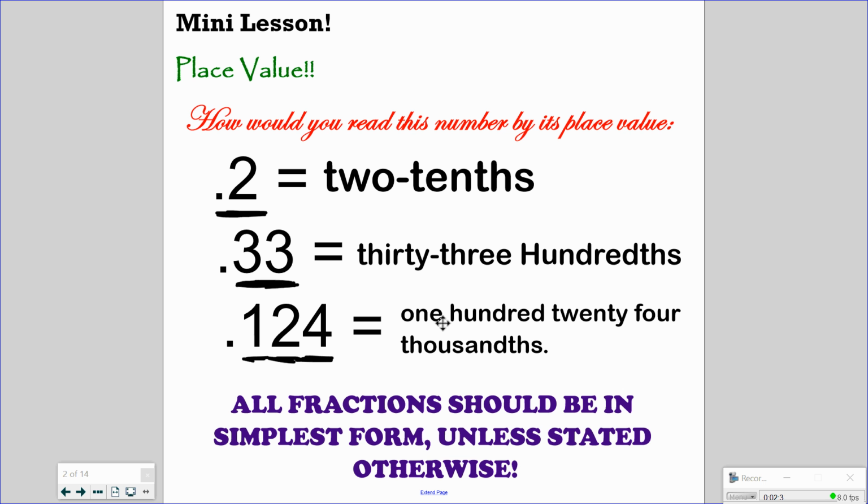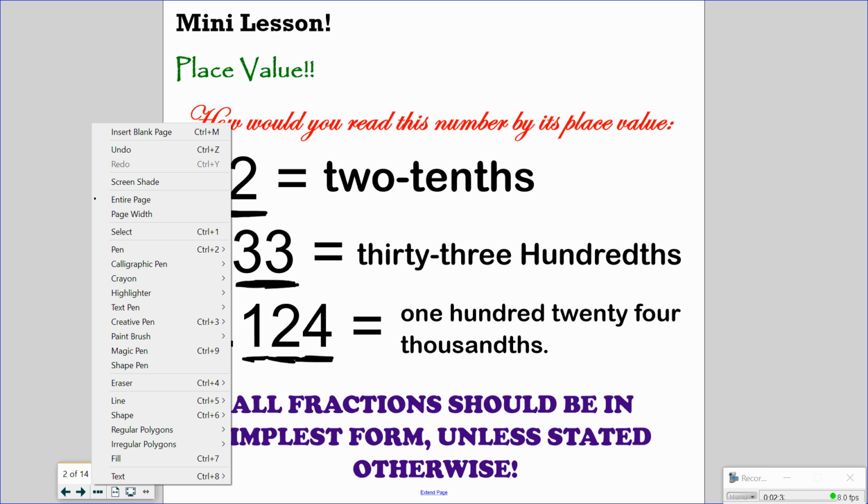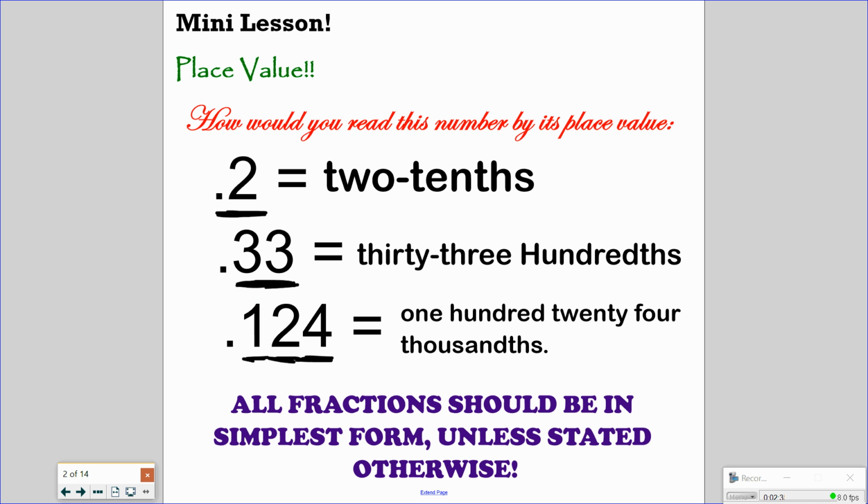One thing you want to make sure that you're doing at all times, and I emphasize that, is that all fractions should be in simplest form unless stated otherwise. About 98% of the time, you will be asked to keep your fractions in simplest form.